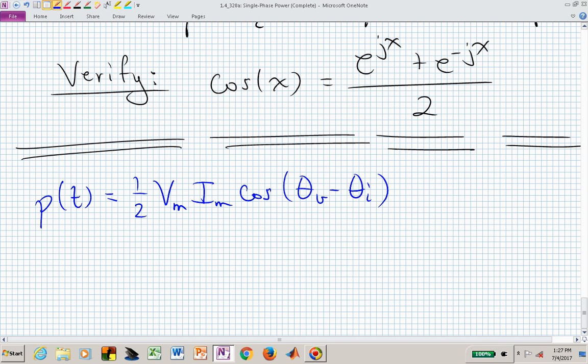The second piece, again, is 1/2 V max I max, but it's now the sum of those arguments of the cosines, and we had omega t in there twice, so we have cosine of 2 omega t plus theta sub v minus theta sub I.